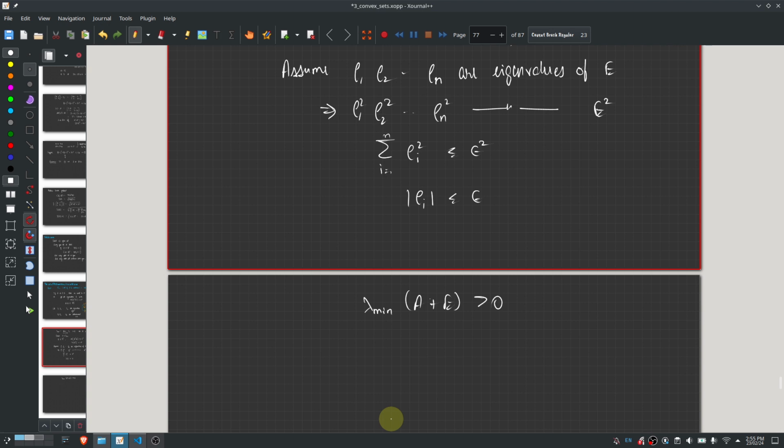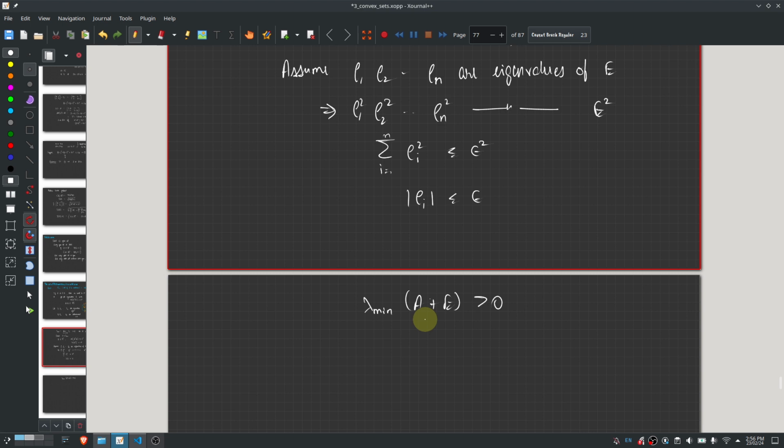I have bounds on the eigenvalues of A and E separately. I know that the minimum eigenvalue of A is lambda min. The largest eigenvalue could be whatever, I don't care. And what is the minimum eigenvalue of E? Correct, minus epsilon.